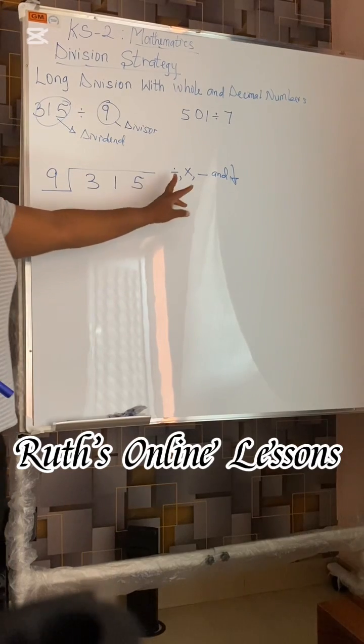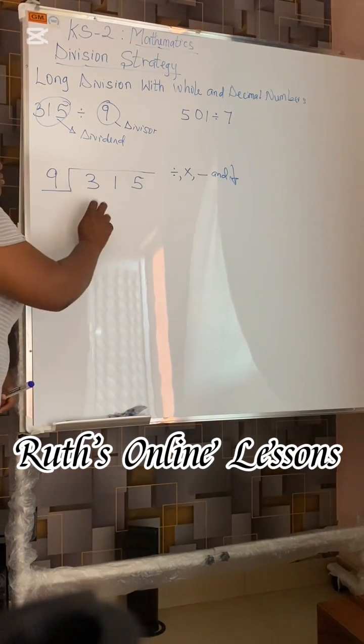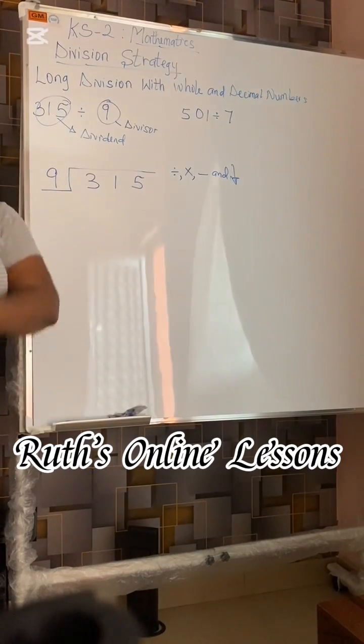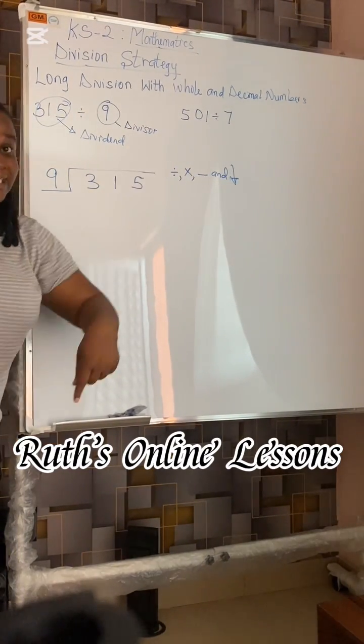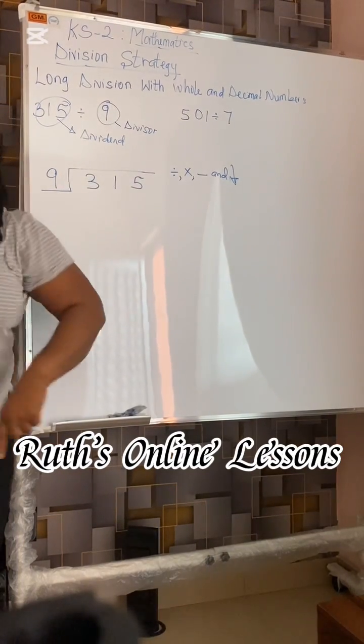You see why I'm writing these steps here? Because it's going to guide everything that will be done here. First, you divide. Then you multiply. Next, you subtract. Lastly, you pull down, bring down, carry down. Once you do this, you come back again and start the process.